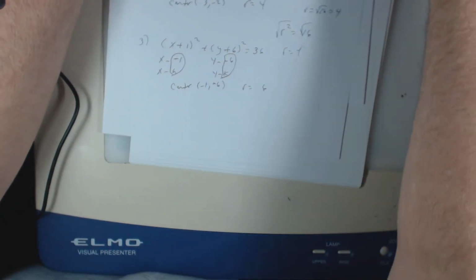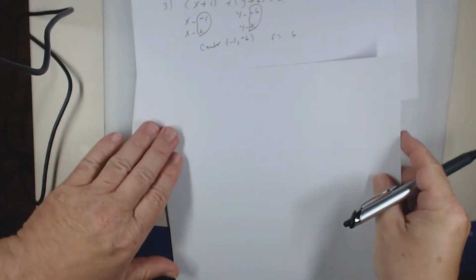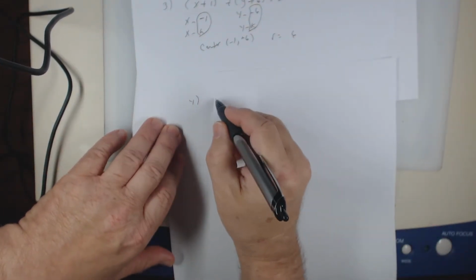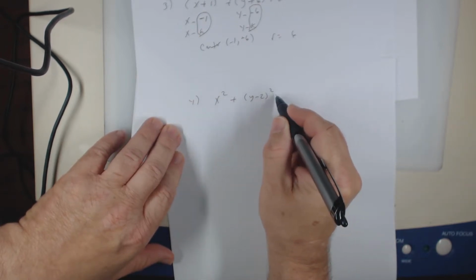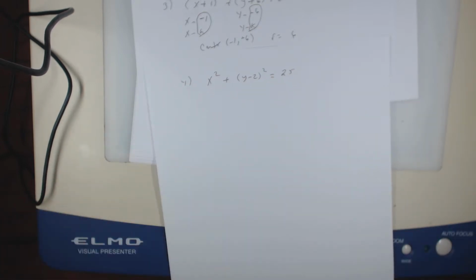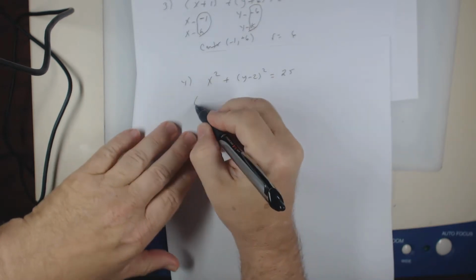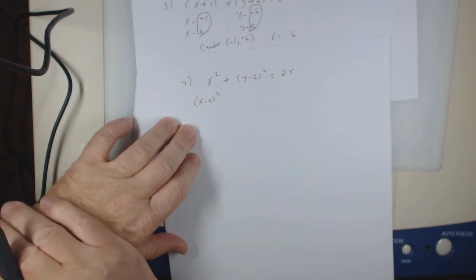All right, what about number 4, real quick? Number 4, what if we had this? X squared plus y minus 2 squared equals 25. So that x squared throws people off. It will be 0. Very good. So x squared, you have to remember, is the same thing as saying, in parentheses, x minus 0 squared, right?